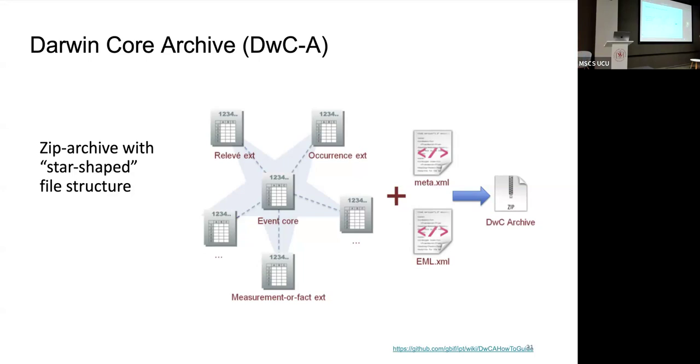Thanks. I was going to pay some attention to this question a bit further on, but in short, Darwin Core Archive is just one of the biodiversity standards, not the single one.